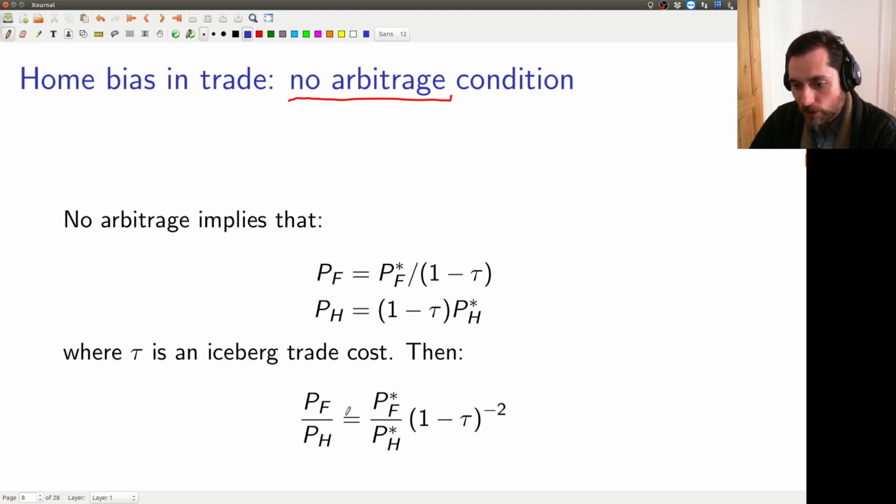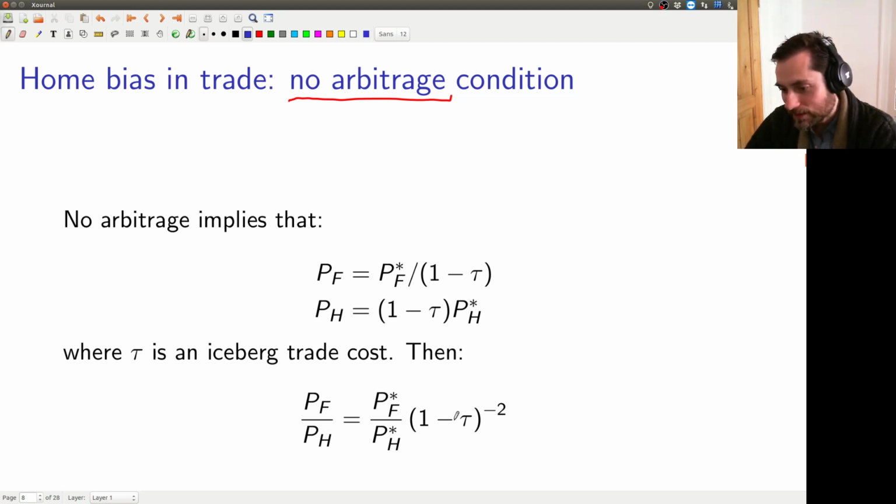Okay. So the ratio of the foreign price to the home price at home, be careful there, the ratio of the price of the foreign good to the price of the home good at home compared to the ratio of the price of the foreign good in foreign to the home good in foreign, of course, it's going to differ by this factor 1 minus tau.